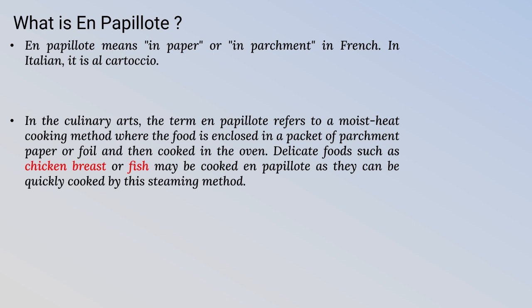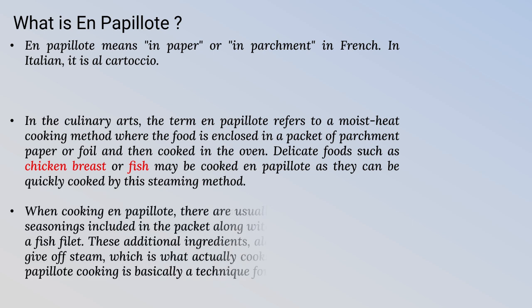And in the oven, what happens? Normally, we can use chicken breast or fish cooked in a papillot style, and it is cooked by the steaming method. The steam generated inside the packet will be enough to cook the item you are cooking in the style of a papillot.